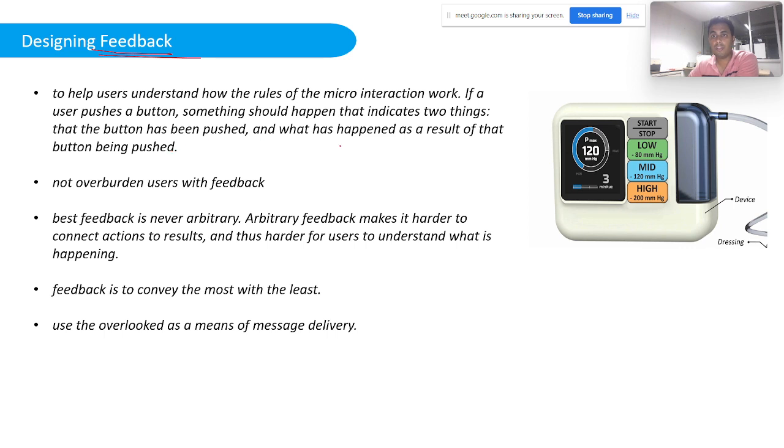Okay, so depending upon the visibility of a particular system, you should be able to know whether the system is in running condition or in a particular mode or not.